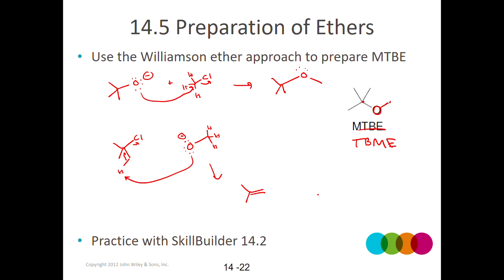So make sure if you plan to do the Williamson ether synthesis and you're able to make a negatively charged oxygen, maybe by starting with an alcohol and using sodium hydride to deprotonate the proton there, so the electrons stay behind and make that negative, you can't have it attack unless it's a methyl or primary site, in which case it wouldn't be too sterically hindered to be able to come in there and push the leaving group out and make the product.